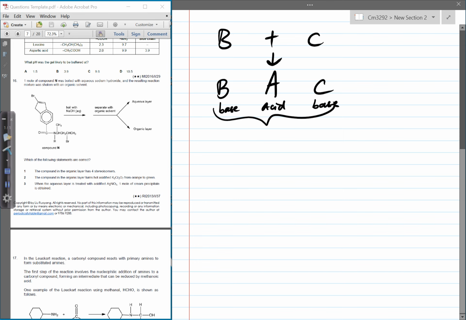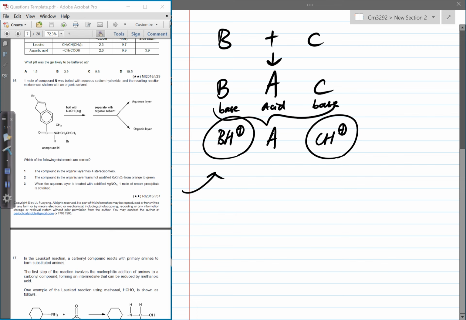If you throw in acid, the two bases are going to be protonated, so it's going to be BH+ and CH+, and A will just remain as it is. And then now what you can do is put water inside. You'll know that this will most likely dissolve in water, and this as well, while this will most likely enter the organic layer. In other words, it doesn't dissolve in water.